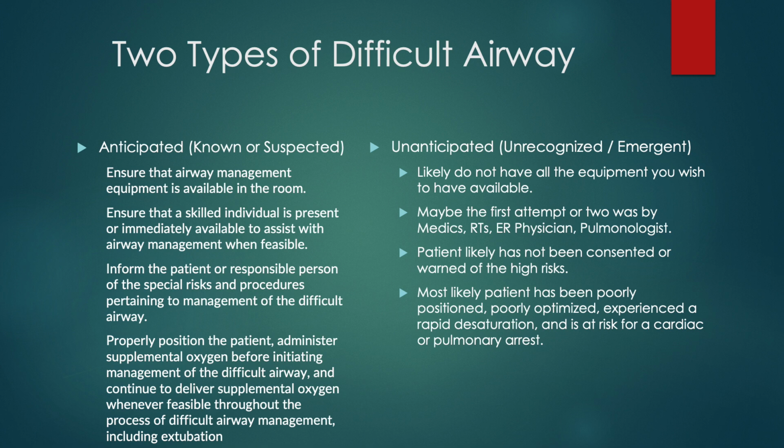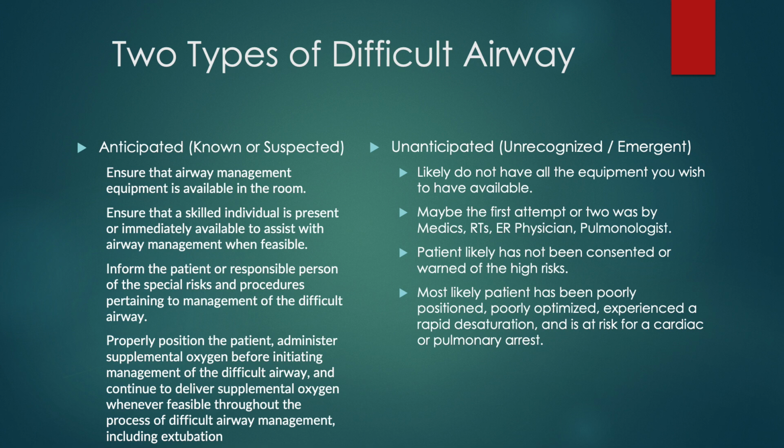It's the unanticipated, it's the unrecognized, it's the emergent. These often occur without warning. They require quick adaptations. There may be a lack of proper positioning or equipment. Emergency algorithms have to be followed, and they have to guide your decision making. They emphasize oxygenation and escalation to invasive techniques when non-invasive methods fail.